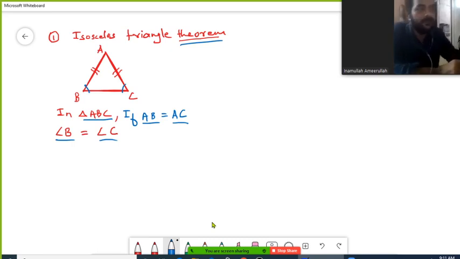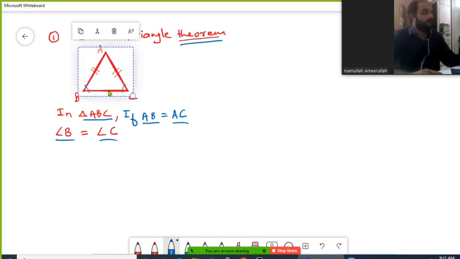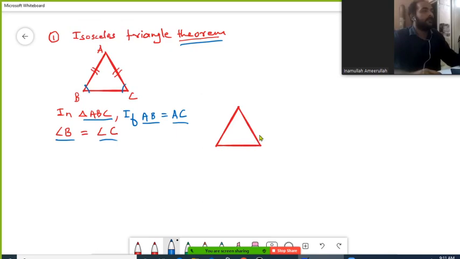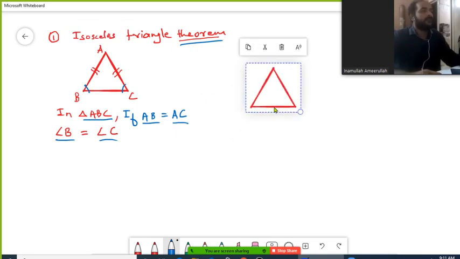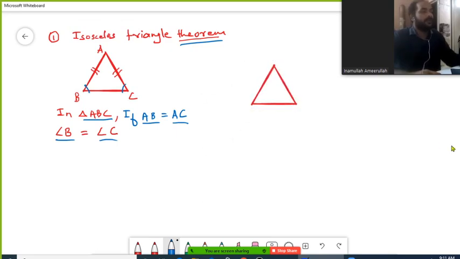If you know that in any triangle, if base angles are equal, you can say that the triangle is an isosceles triangle. Suppose we have another triangle.